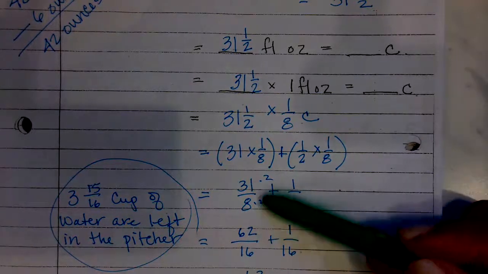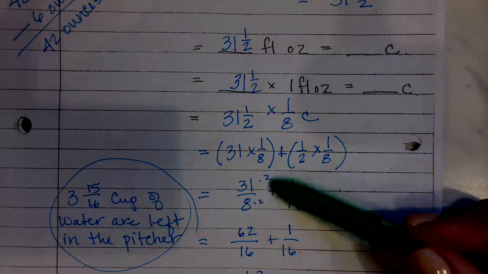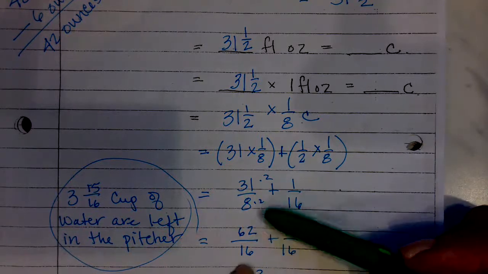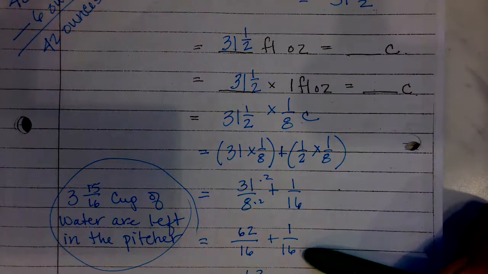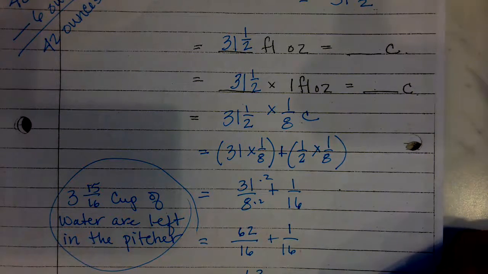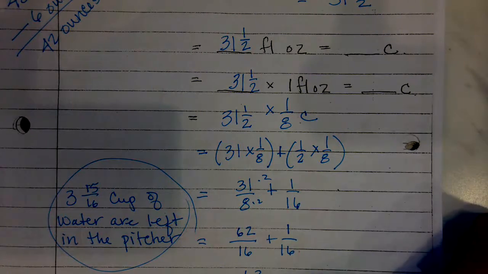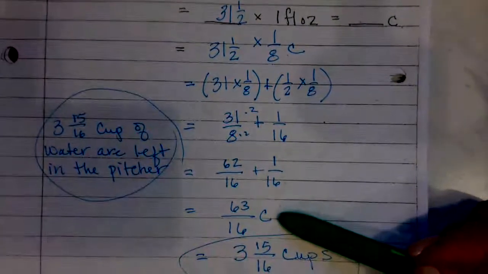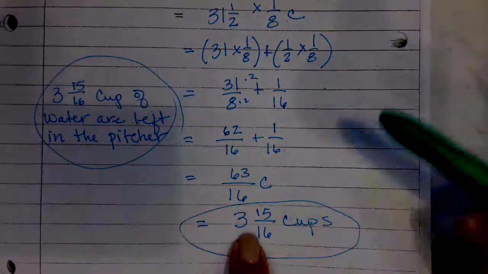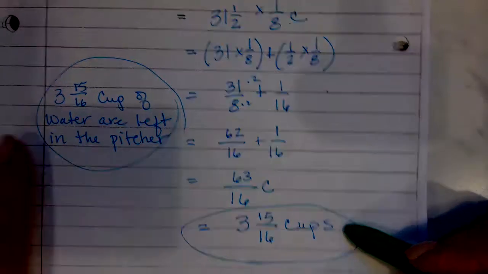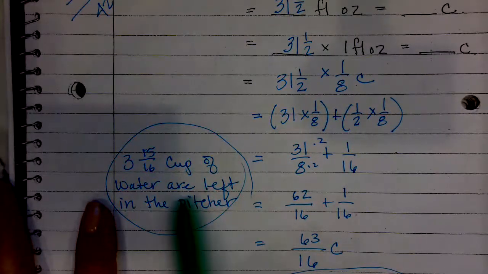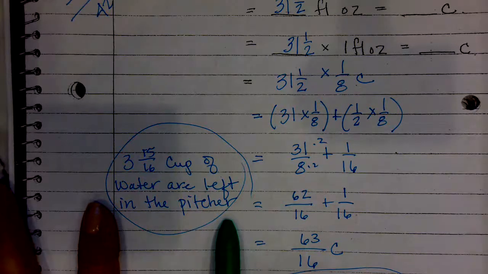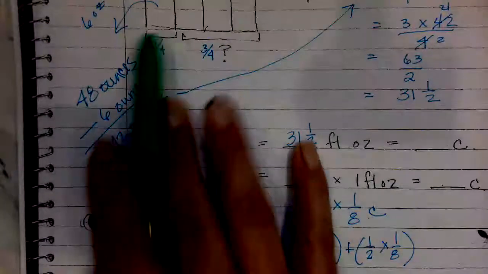I need to find a common denominator, and I end up with 62 over 16 plus 1/16, which is 63/16 of a cup, which breaks down to 3 5/16 cups. 3 5/16 cups of water are left in the pitcher after you pour some out, right?